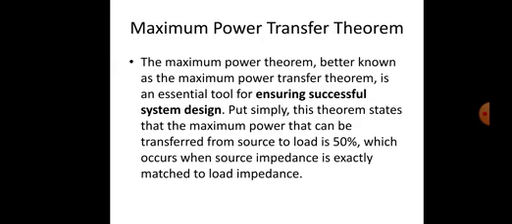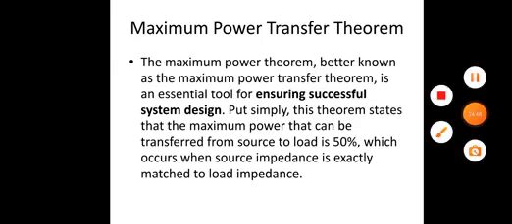Similarly, the AC voltage source will deliver maximum power to the variable complex load only when the load impedance is equal to the complex conjugate of the source impedance. In this chapter, let us discuss the maximum power transfer theorem for DC circuits.